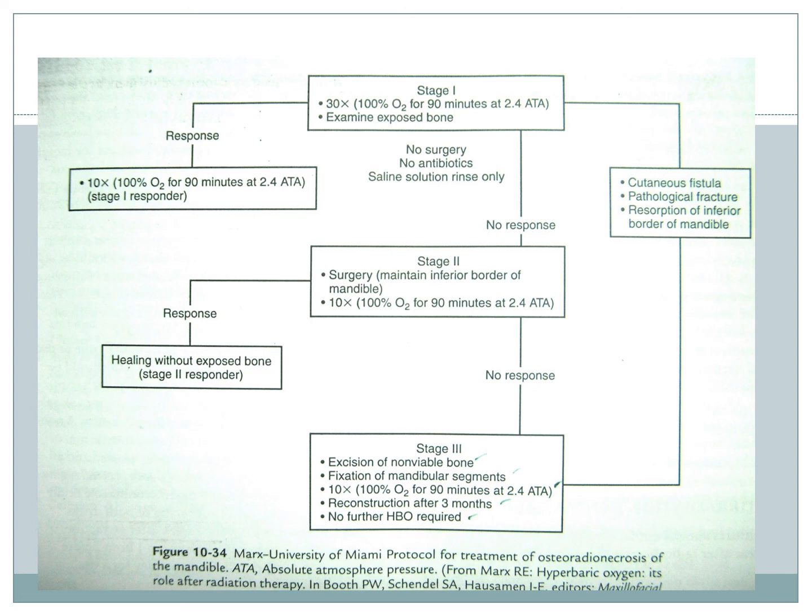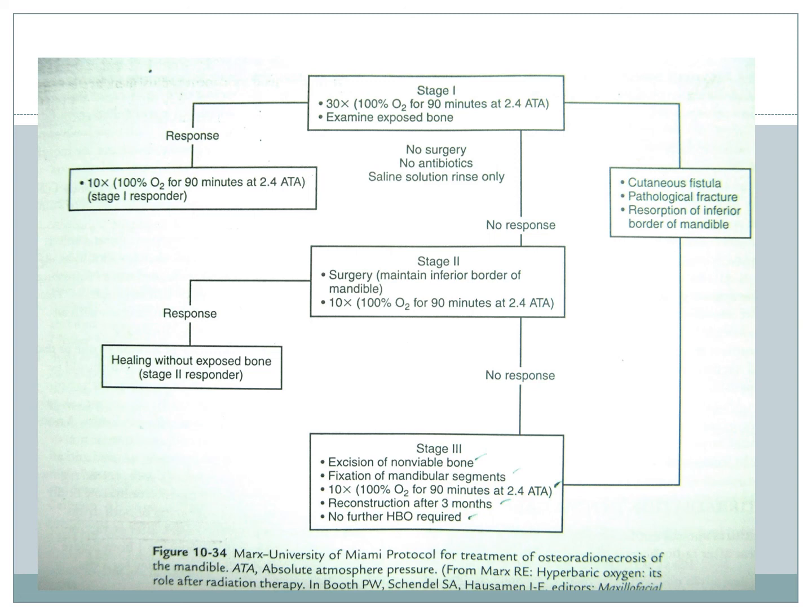It's a stage-wise procedure. Suppose the patient comes and we identify whether they are immunocompromised or what the vascularity of the bone is; everything will first be identified. After that, we go stage-wise. In the first stage, you go for 30 sessions of 100% oxygen for 90 minutes at 2.4 atmosphere pressure.